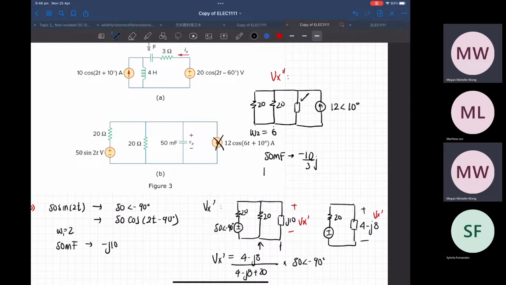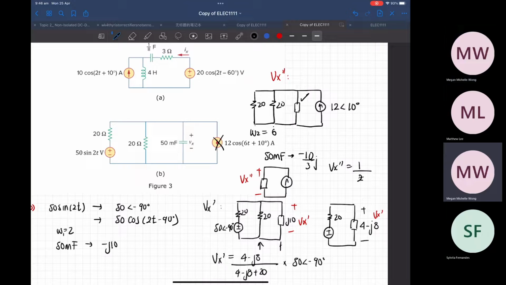You solve for them. You get 1 impedance. You get your current source. And then you just solve for the Vx that is right here, Vx double prime, which is just the current over your impedance. Okay, cool.